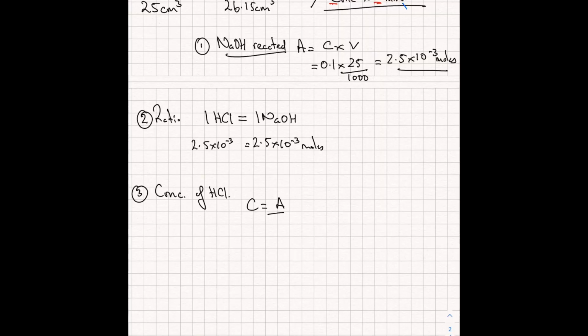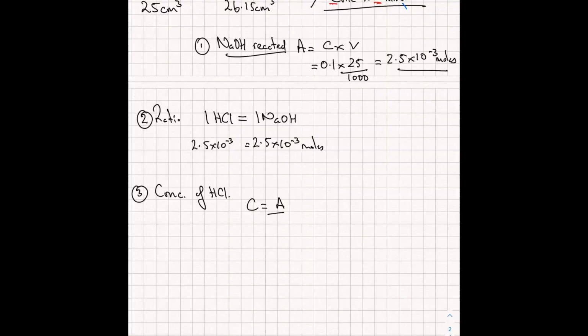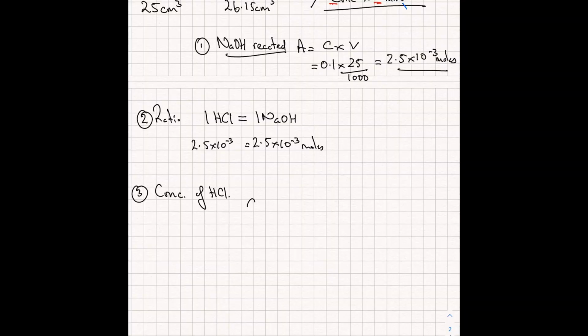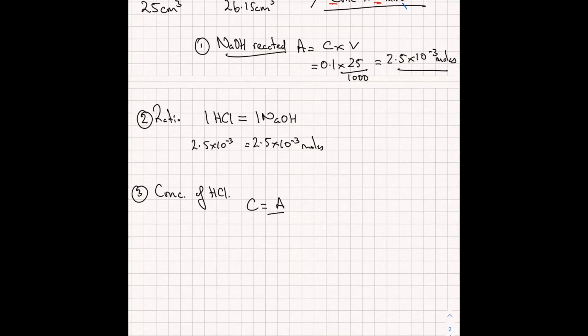You halve that distance and use that to find the midpoint, and that should equal the volume of acid added when your pH was 7. So extend the lines out, find the distance between them, halve that distance, then plot that pH and come down to find the volume.